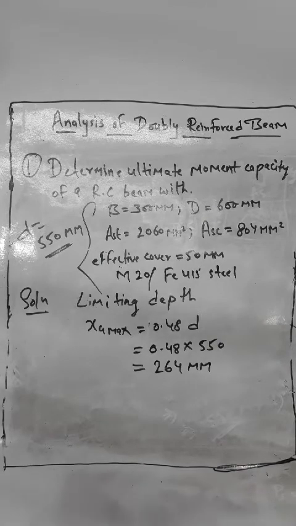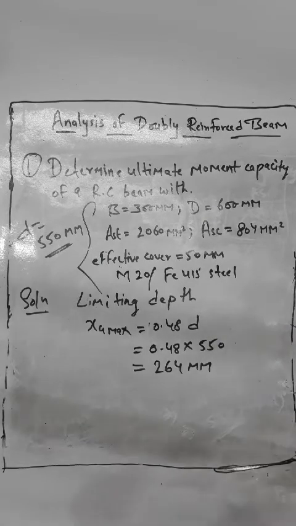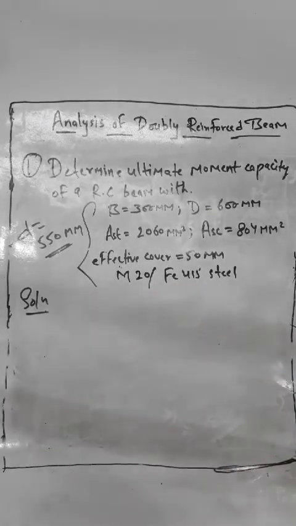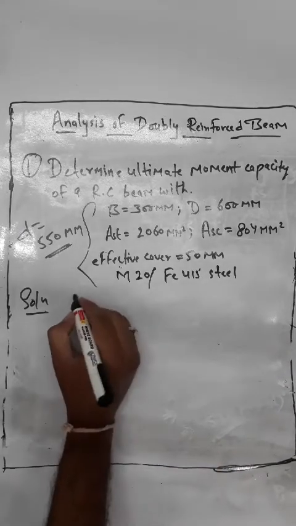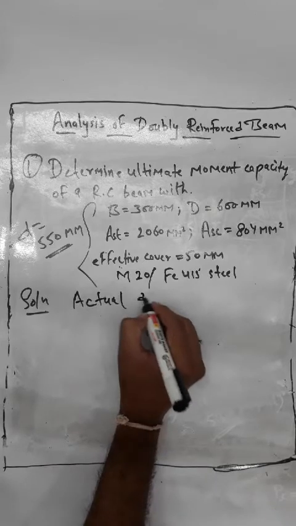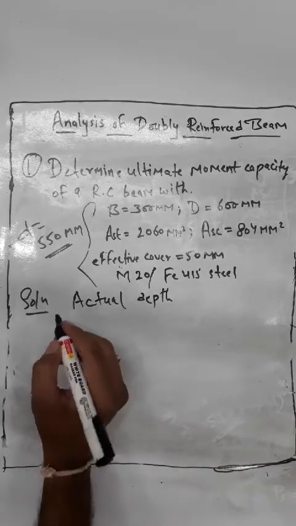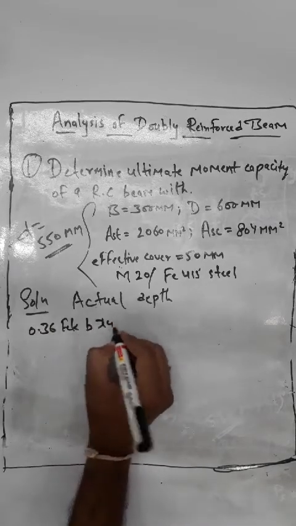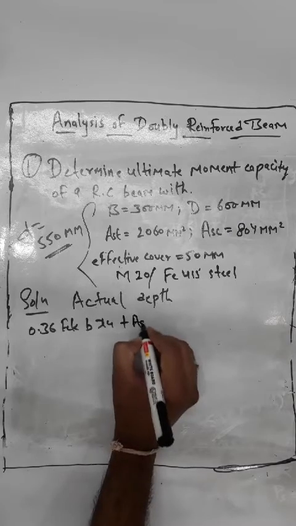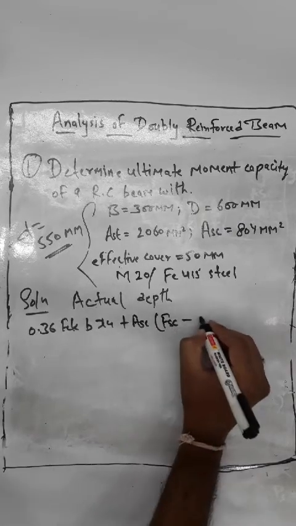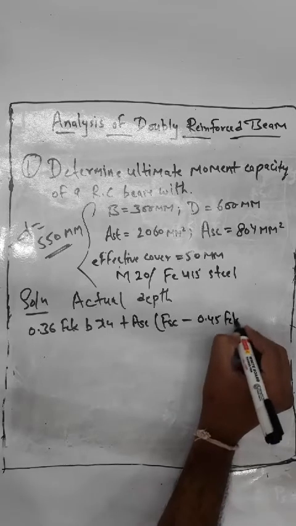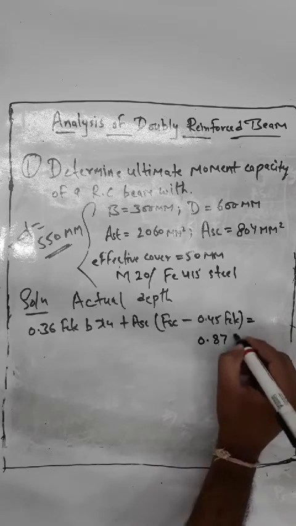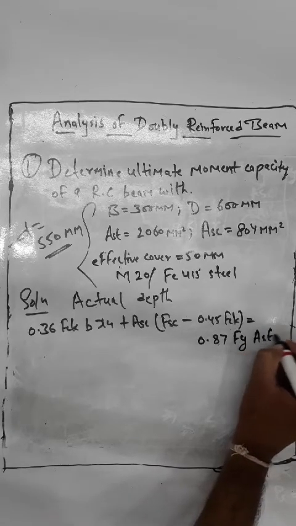Now we have to find the actual depth. For finding the actual depth, we have one formula, and the formula is 0.36 fck b xu plus Asc (fsc minus 0.45 fck) is equal to 0.87 fy Ast.